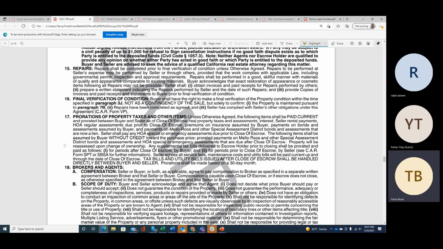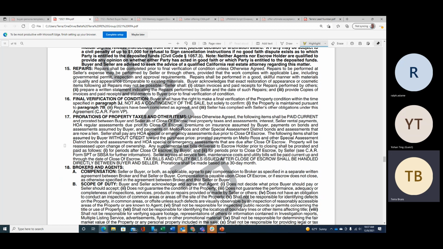The seller has to pay through the day of the close of escrow, and then the buyer is responsible for day one, the day after the close of escrow, and beyond. And the same for utilities and any lease payments for solar panels or security, whatever. All of that is date dependent, so some of that has to be handled outside of escrow.